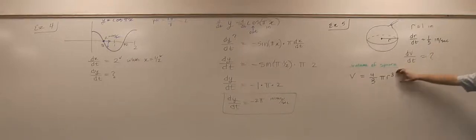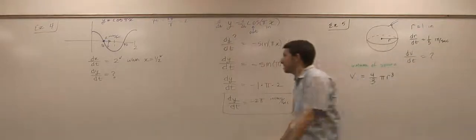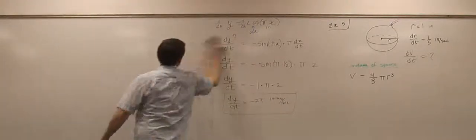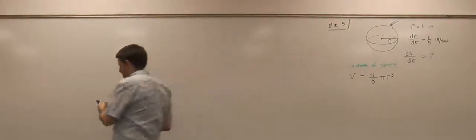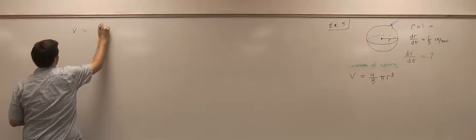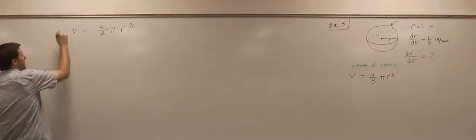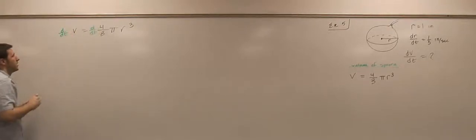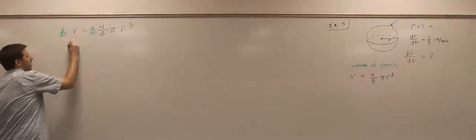So now what am I going to have to do with this to get at dV/dt? Differentiate. Derive both sides with respect to time. So I say, okay, I know V is 4/3 pi r cubed. I want to get at dV/dt, so I do d/dt. The derivative of volume with respect to time is what I'm looking for.